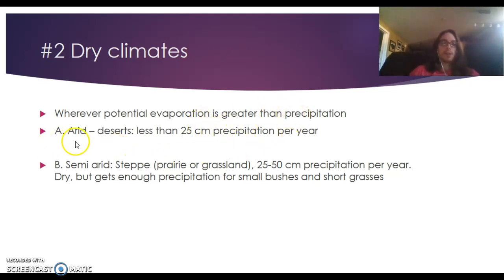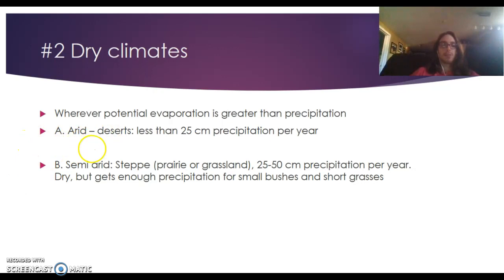The first subclassification is arid dry climates, and you're going to think of deserts. Those are qualified by having less than 25 centimeters of precipitation per year. So think of really, really hot, dry areas.